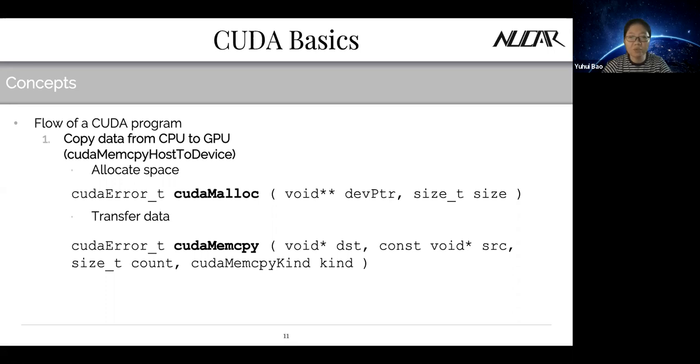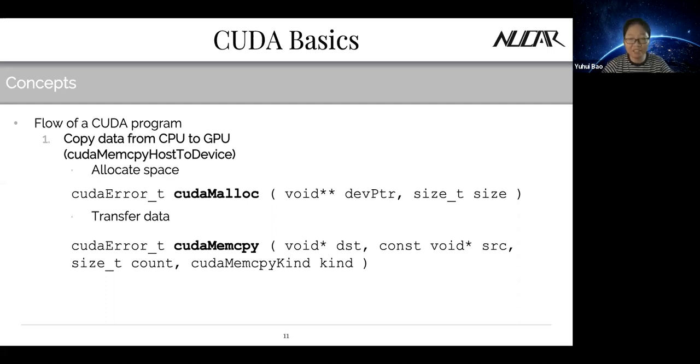It's normal that you first have your data located in the CPU, and then you would like to transfer it to the other place, which is the destination. So you pass the cudaMemcpy function the references to those two data.